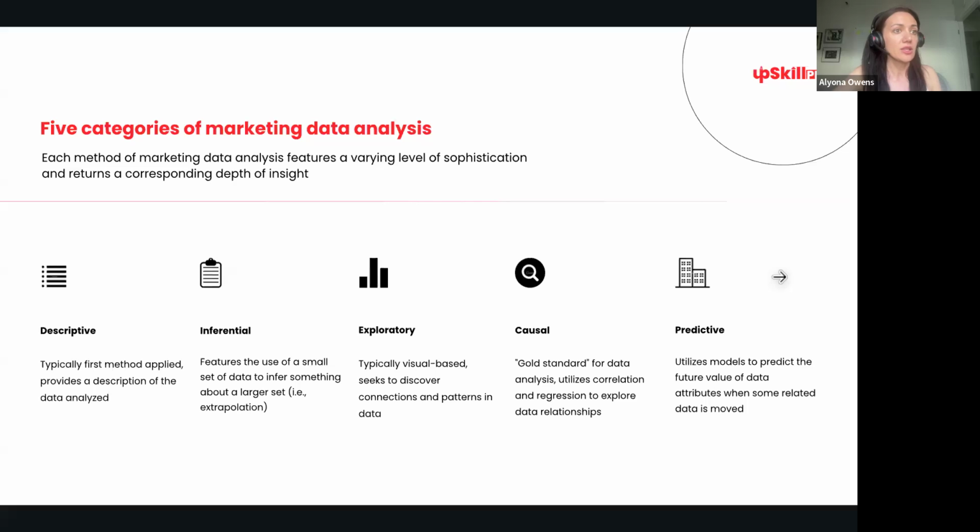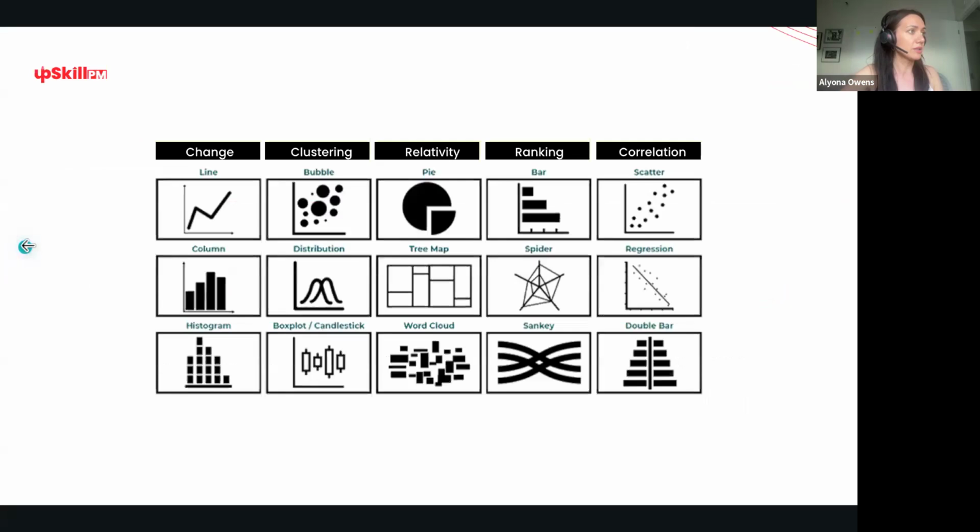All right, predictive. So that's utilizing models to predict the future value of data attributes. When it comes to those candles again, right, and the graphs with this change line, when you can see the change, then oftentimes, depending on industry, you can make some predictions.